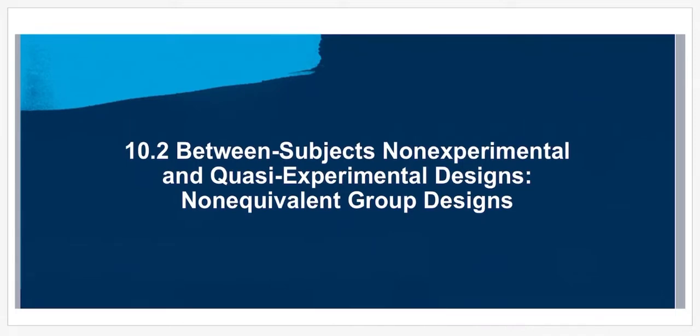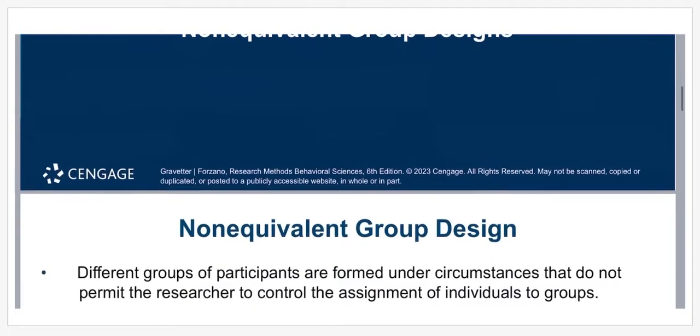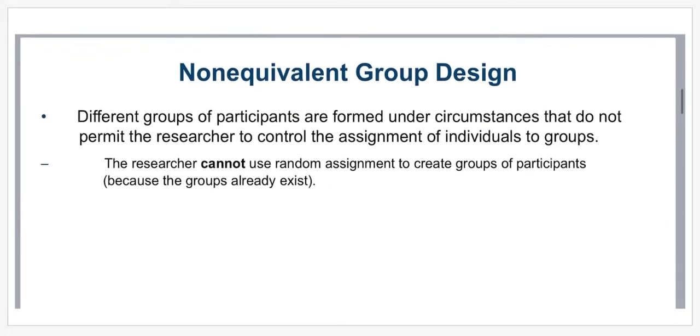But remember, with the non-experimental design, we are not manipulating the groups. The groups are pre-existing. So what happens if the groups are pre-existing? How can we control these individual differences, or can we? That's what we're going to talk about.